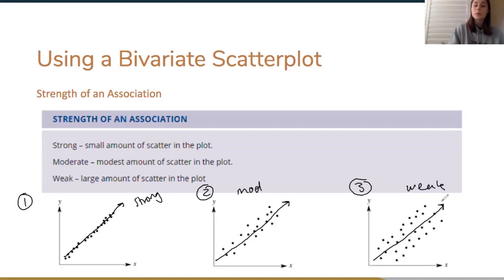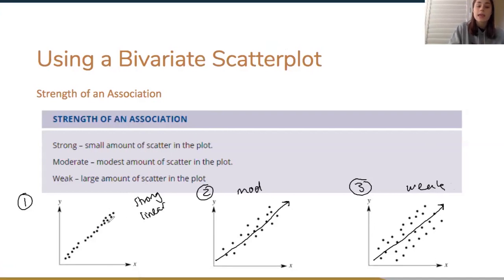So strong is when they're almost all in a line, moderate is when they're kind of in a line, and weak is when they're spread out. If I was to have a look at this first example again, I would say that it is a strong association. I would say that it is linear because it follows a line.